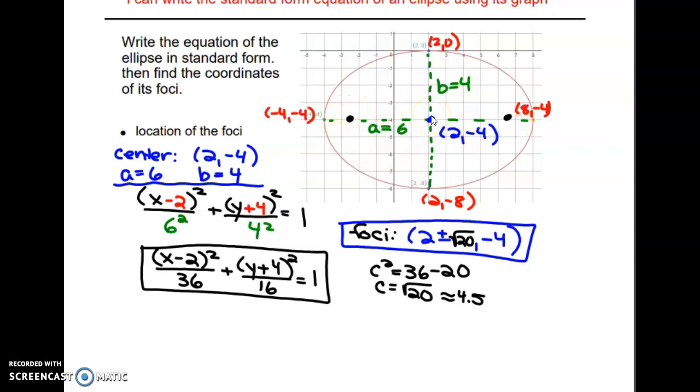Well, center's got to be in the middle, so I can find the middle here and the middle here. You can use midpoint, or you could just count or use a graph, but you can see that the center was at 2, -4.